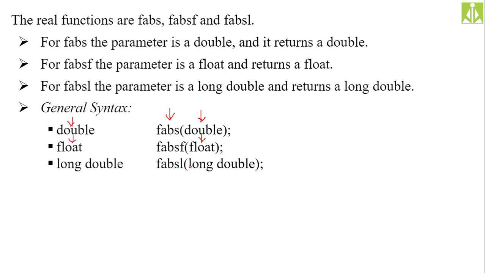Then finally the long double type also we have. To make this absolute function operate on long double, you have to use FABSL. FABSL will operate on long double values. Hope you understand this.